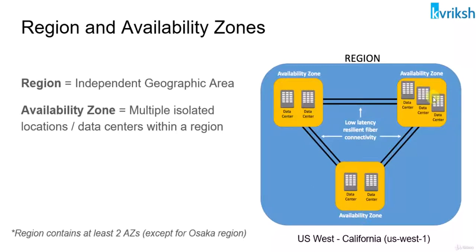When you design your architecture, typically you will keep your machines in different AZs, so that if one of the AZs goes down for some reason, you have your machine running in another AZ and your application then has high availability. We'll talk more about this in the EC2 sessions, which is a different course, but as of now you just need to know about these things. I hope you are familiar with region and availability zone now.